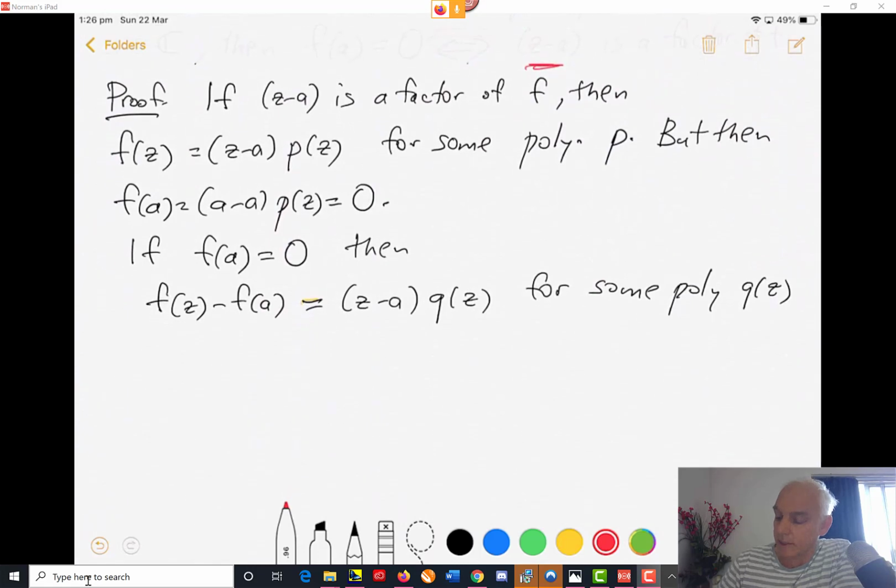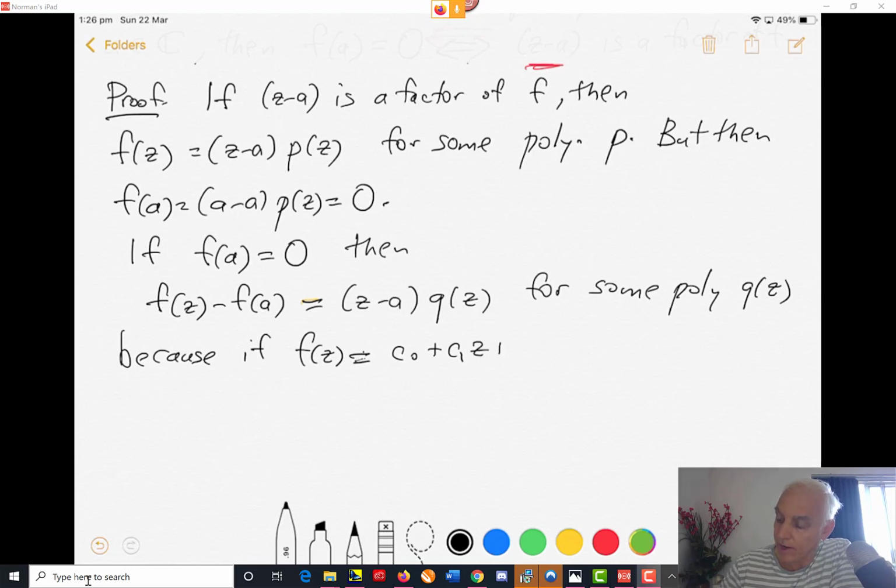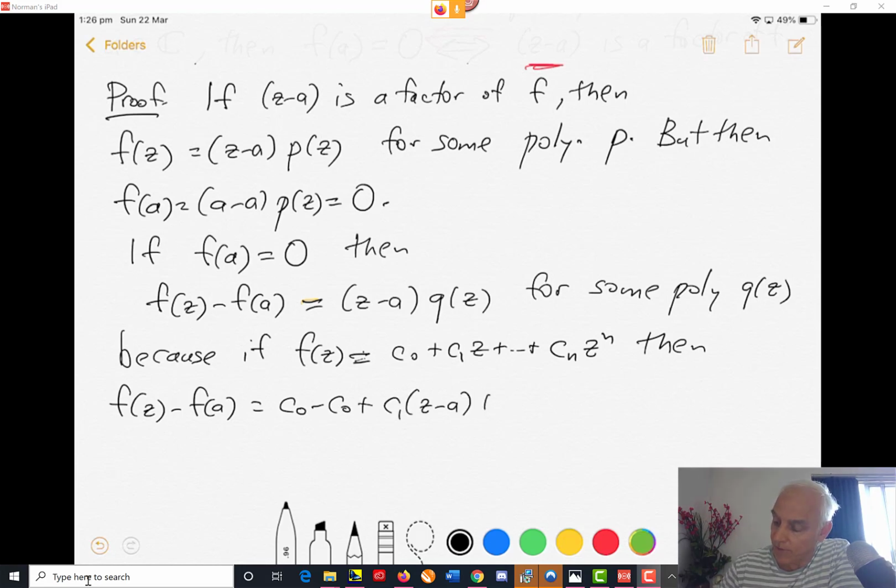So let me explain that a little bit in more detail. So if f of z, say, is equal to, I'll use some other numbers, c0 plus c1 z all the way up to, say, cn z to the n, then f of z minus f of a will be c0 minus c0 plus c1 times z minus a plus c2 times z squared minus a squared plus all the way up to cn times z to the n minus a to the n.